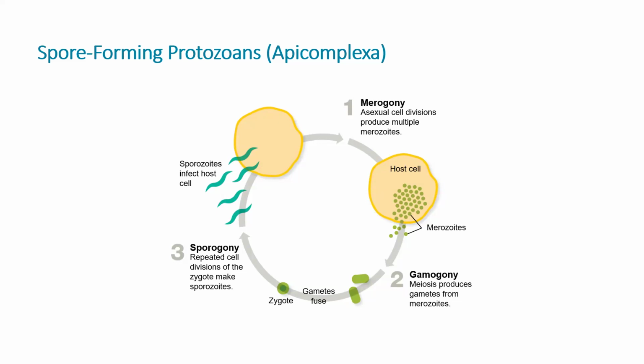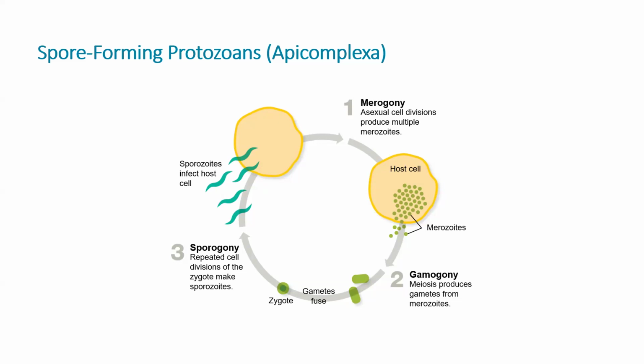And when the gametes fuse, just like in other eukaryotes, you get a zygote. Then you get sporogeny. This is where you get cell division of your zygote, and you get the production of sporozoites. All right.